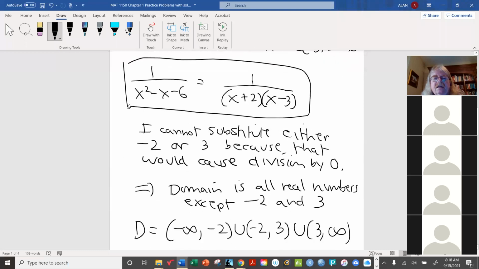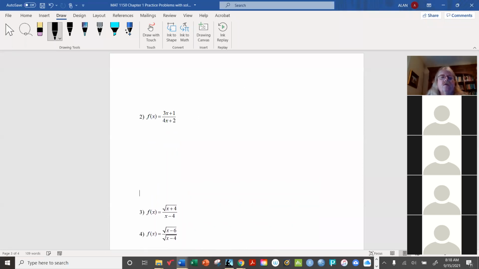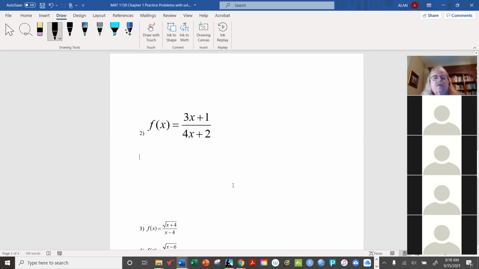Okay. All right. Now let's try this one. Now 2 is a little simpler. You can see it's pretty straightforward what value could cause division by 0. So in other words, if you start with 4x plus 2, what number could cause that to be equal to 0?